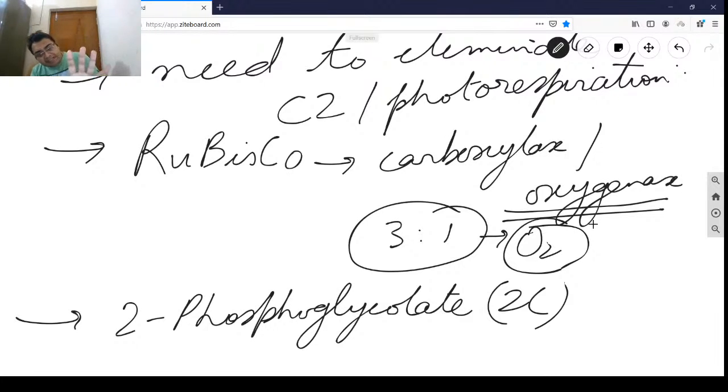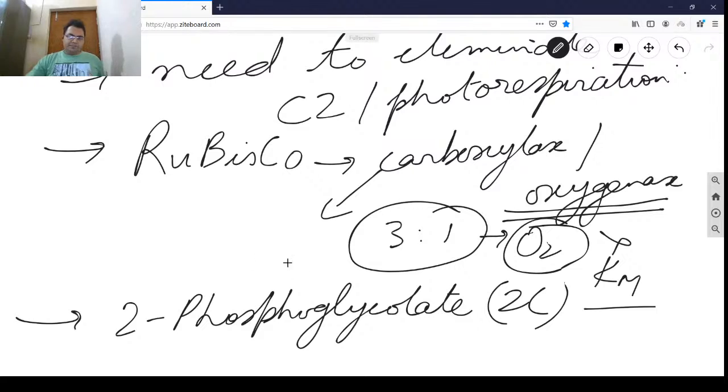The activity is present, but it has been bypassed in a very skillful and amazing manner, so that Rubisco can never use its oxygenase activity even if it wants to. That is what has been done by the C4 plants.